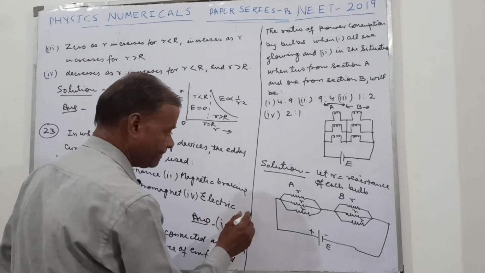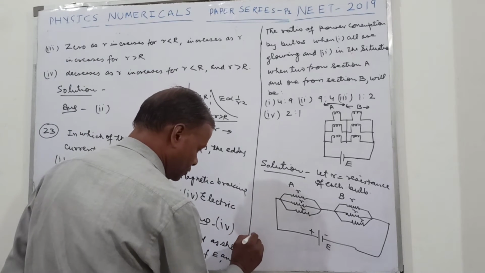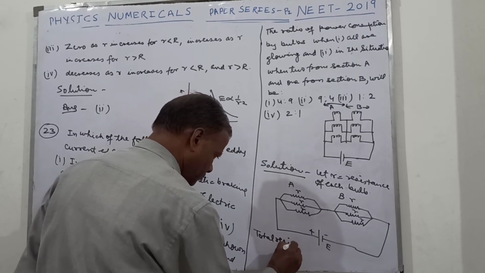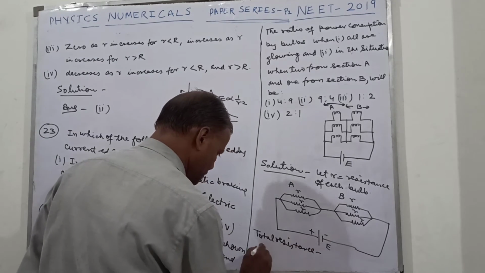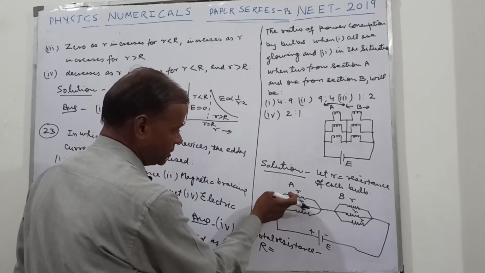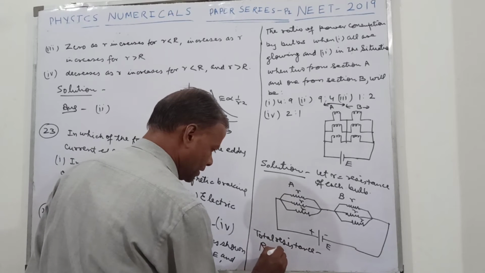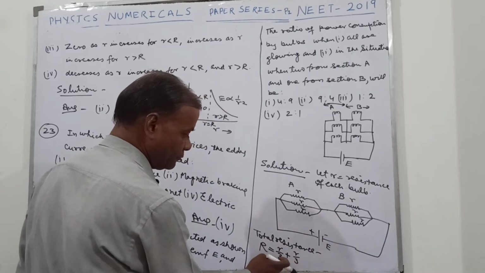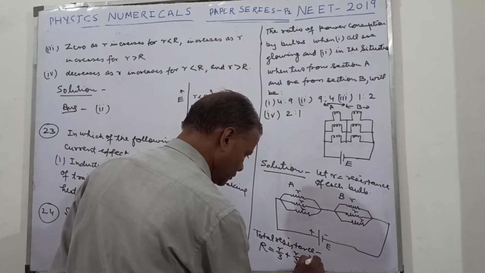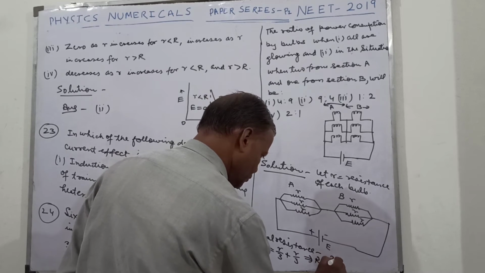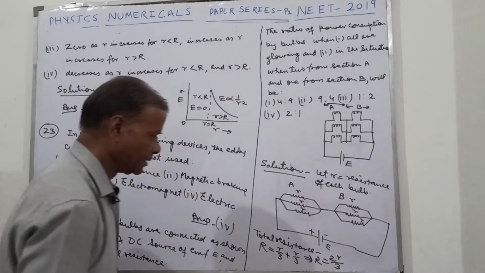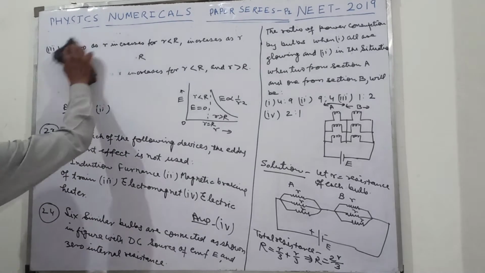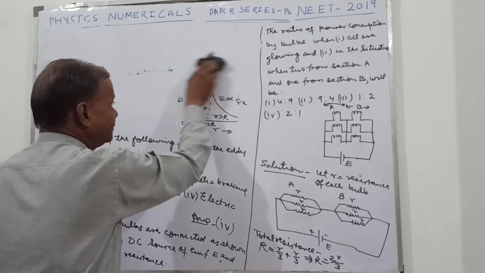So the total resistance is R by 3, R by 3, R by 3, and then being in series, we have to add them. This gives R equal to 2R upon 3. This is the total resistance in the first case when all bulbs are glowing.